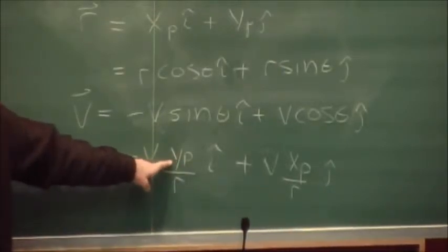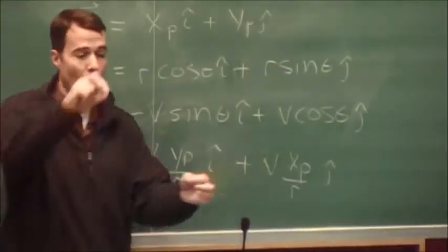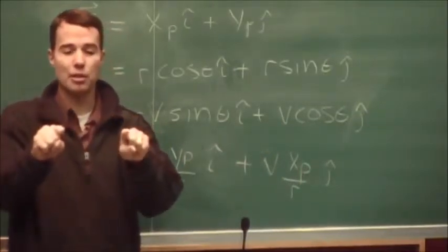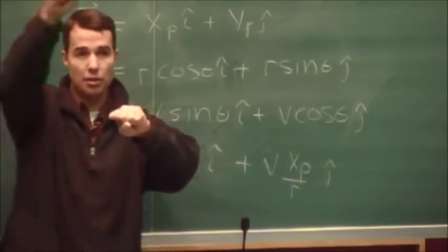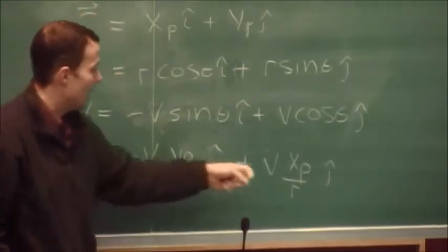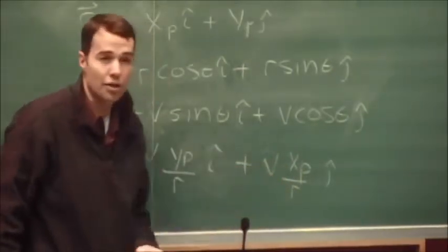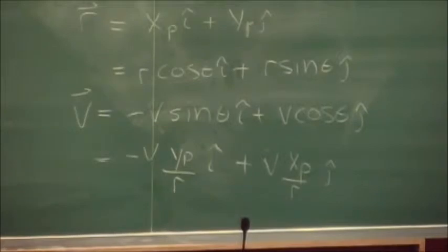But is yp changing? Yes. Is xp changing? Yes. You can think of it as just the component of that vector as it undergoes circular motion, so this is changing and this is changing. But v and r aren't changing. Those are just the magnitude of the velocity and the magnitude of the displacement or radius vector.